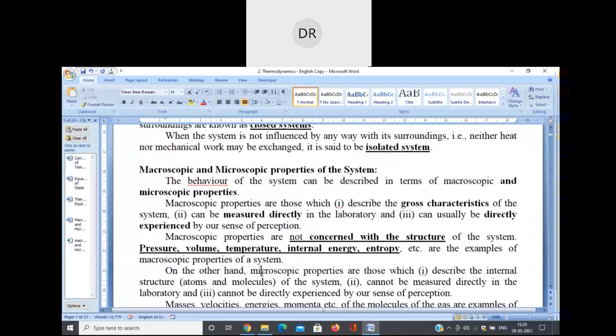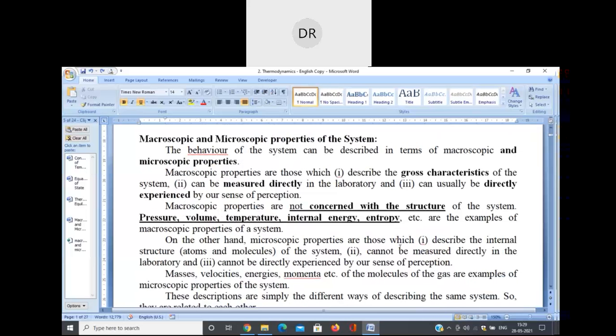Internal energy may come sometimes, but frequently we observe PVTS. P means pressure, T means temperature, V means volume, S means entropy. These are the important macroscopic properties of a system.